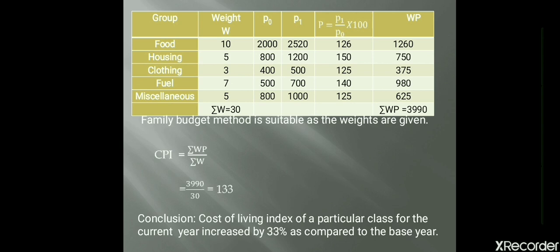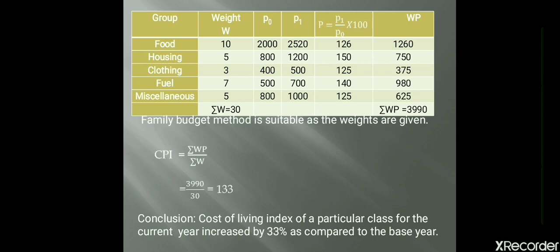So consumer price index is 133 for the given data. Therefore, the conclusion is cost of living index of a particular class for the current year increased by 33% as compared to the base year.